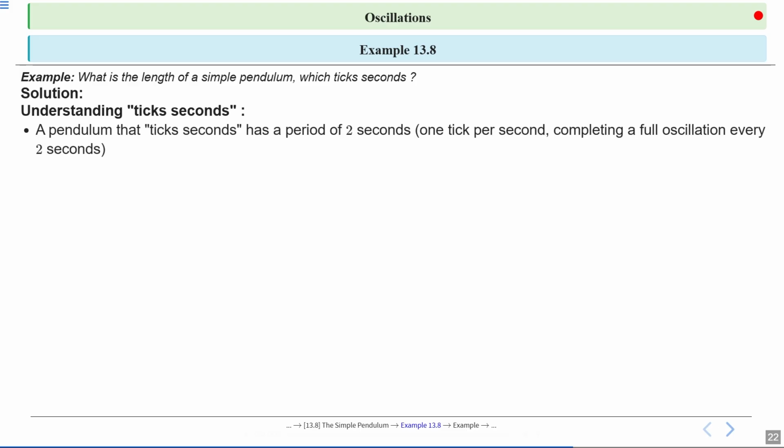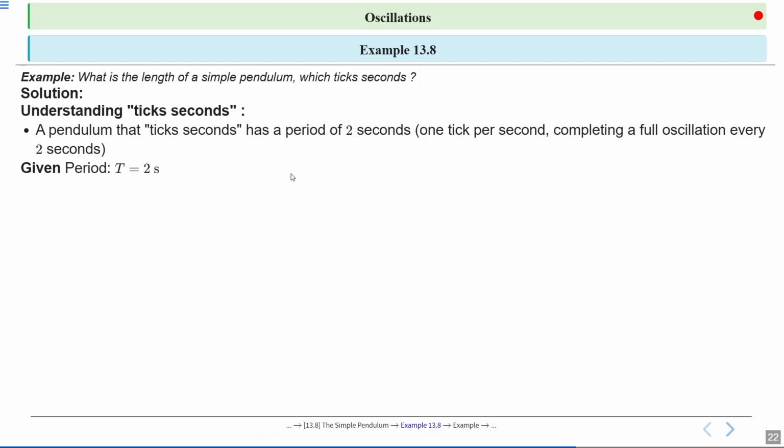A pendulum that ticks seconds completes one full oscillation in 2 seconds. That means it takes 1 second to swing in one direction and another second to return. So the period T, which is the time for one complete oscillation, is 2 seconds.